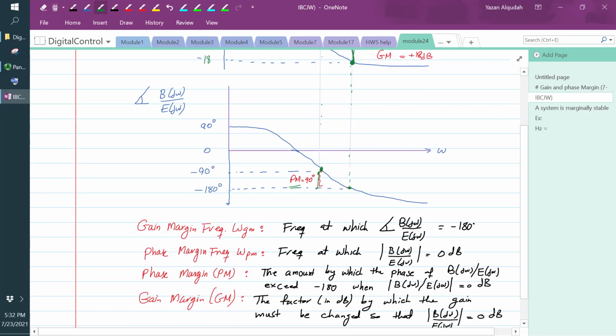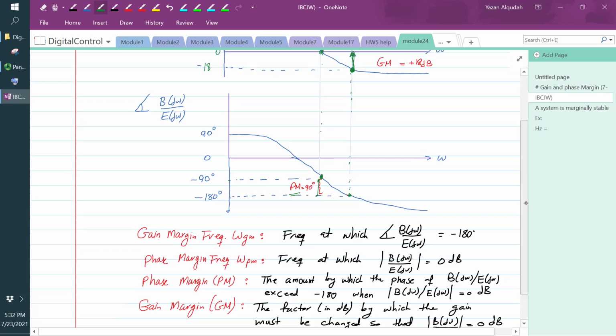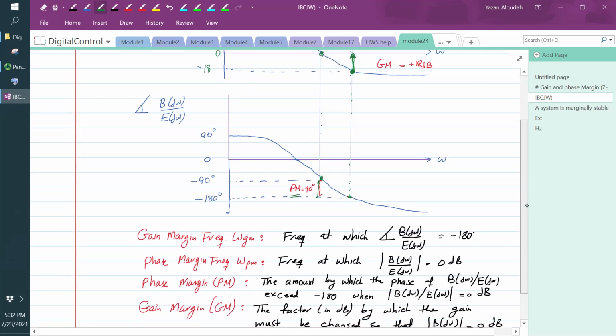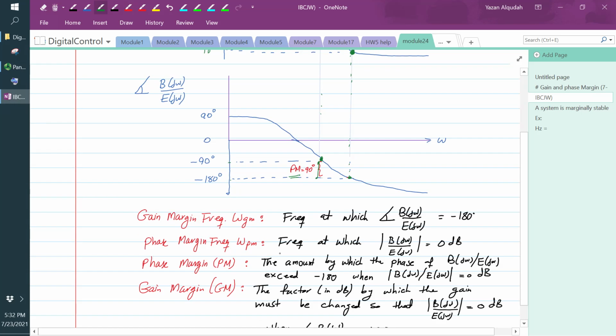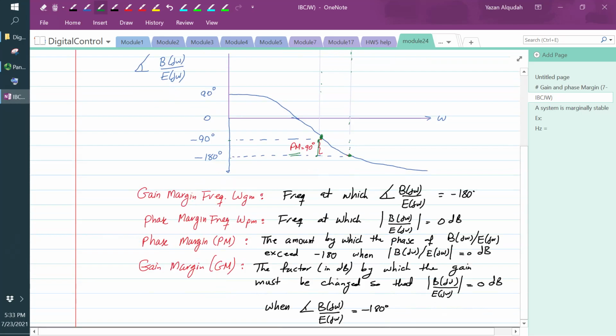Okay, so we defined the gain margin frequency, the frequency at which the phase is negative 180; the phase margin frequency, omega pm, the frequency at which the magnitude is 0 dB; the phase margin, the amount by which the phase of B over E exceeds negative 180 when the magnitude is equal to 0; and the gain margin, the factor in dB by which the gain must be changed so that B over E is equal to 0 dB when the phase is equal to negative 180.